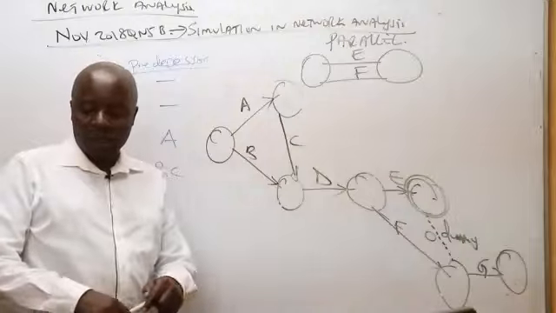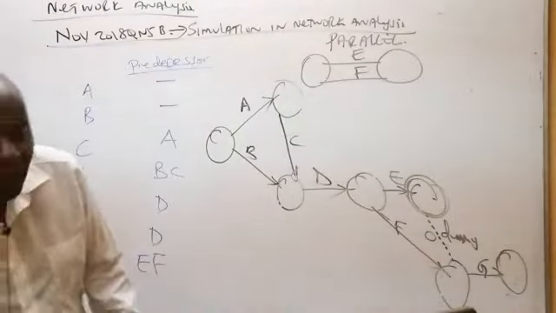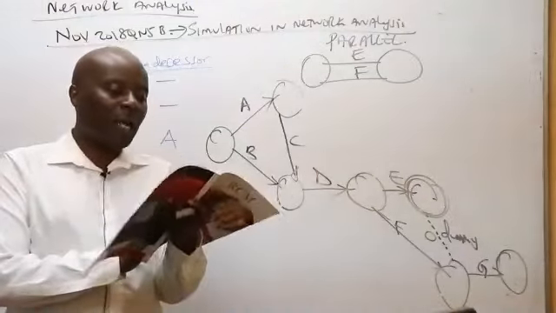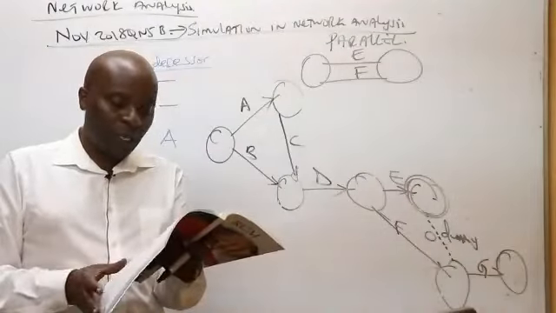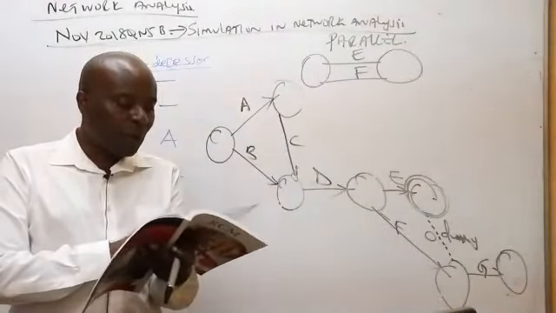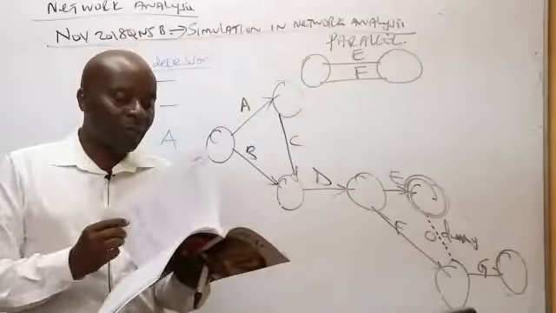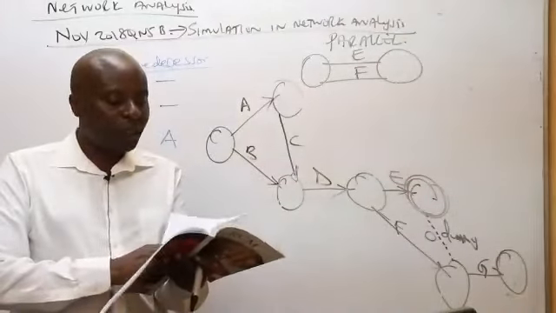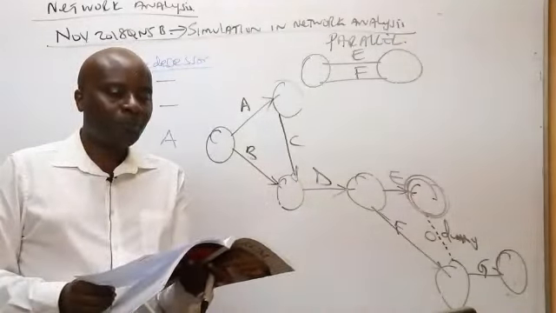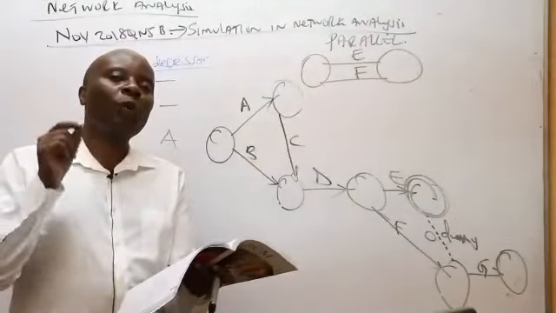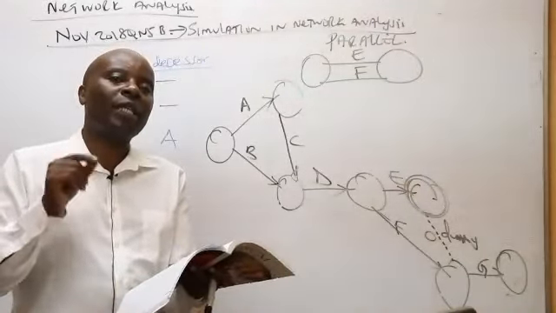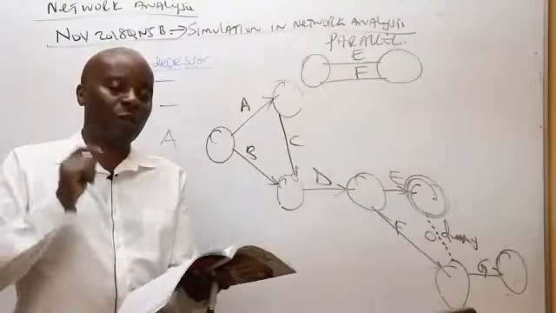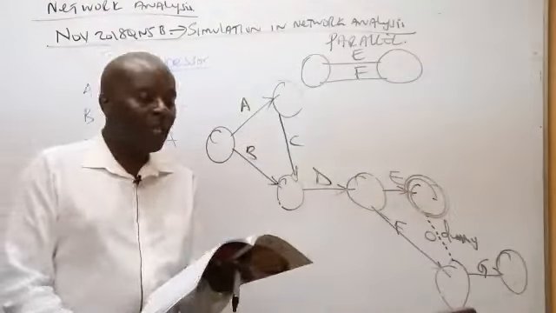Yes, and then now look at this very interesting thing. After you have done whatever we have done, they want us to give them the expected duration of the project. So I would want to go and get the activity A duration. How long will activity A take?